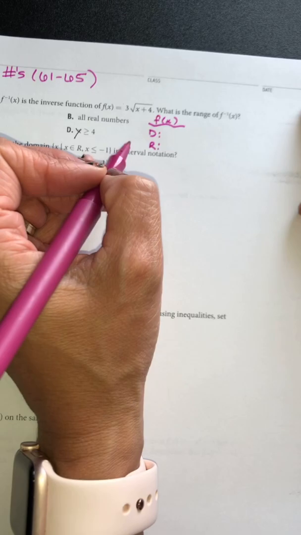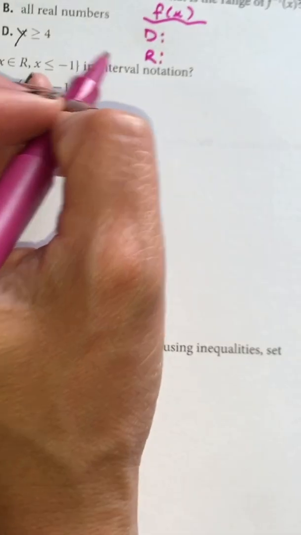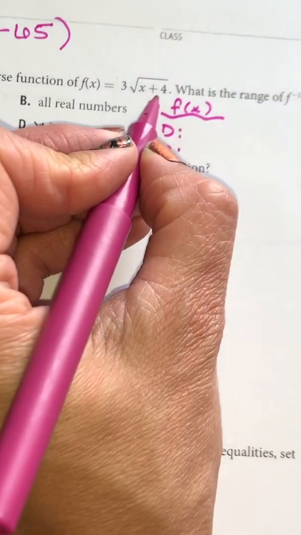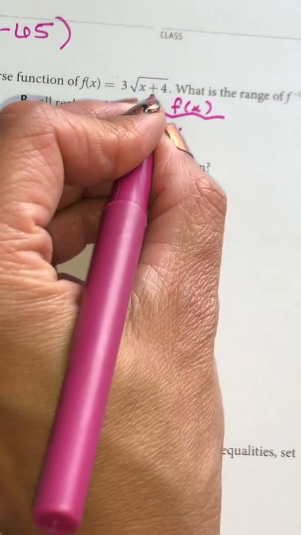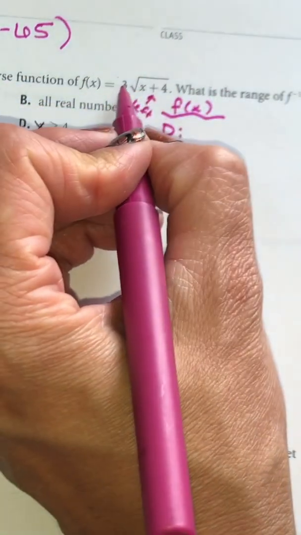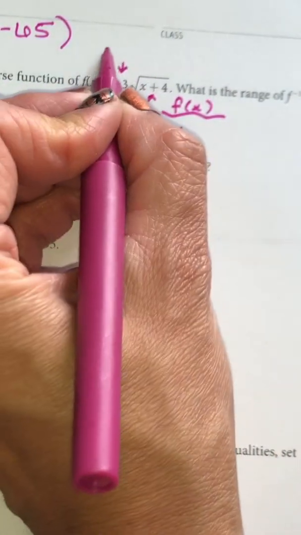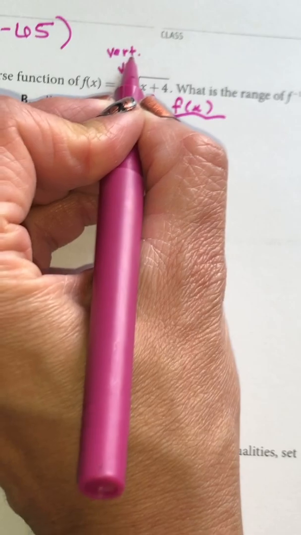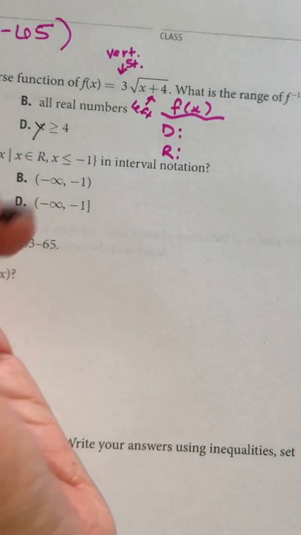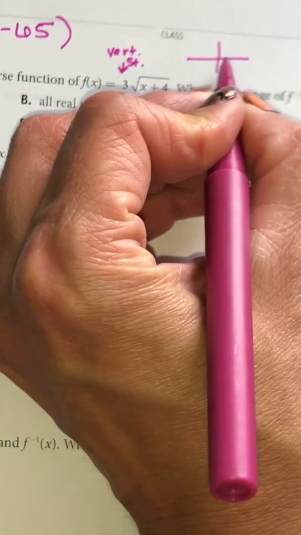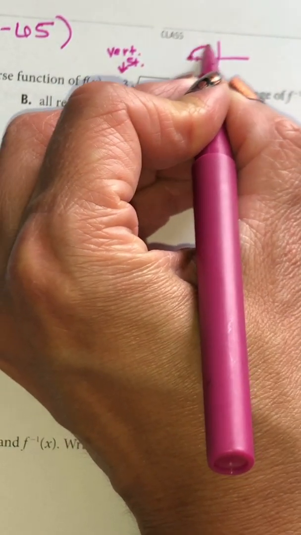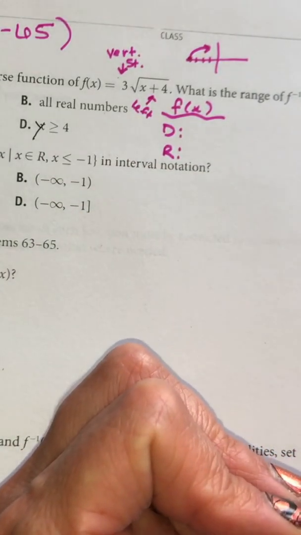We know that this is a square root function, right? So that plus 4 means it was shifted to the left 4 units, and that 3 out front means that is a vertical stretch. If I were to think of it on the graph, 1, 2, 3, 4, it's like that.